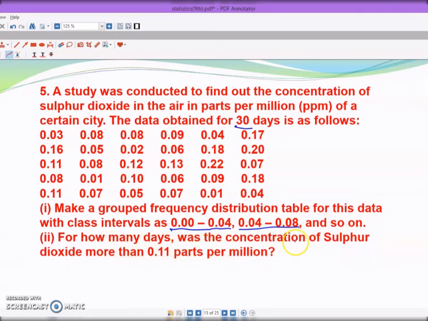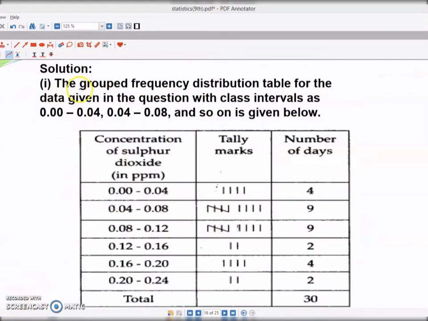For how many days was the concentration of sulfur dioxide more than 0.11 parts per million? This is what you have to find after you tabulate the data. The group frequency distribution table is obtained as follows.